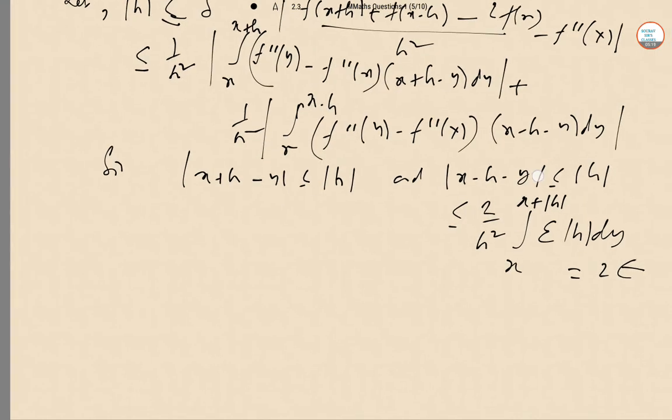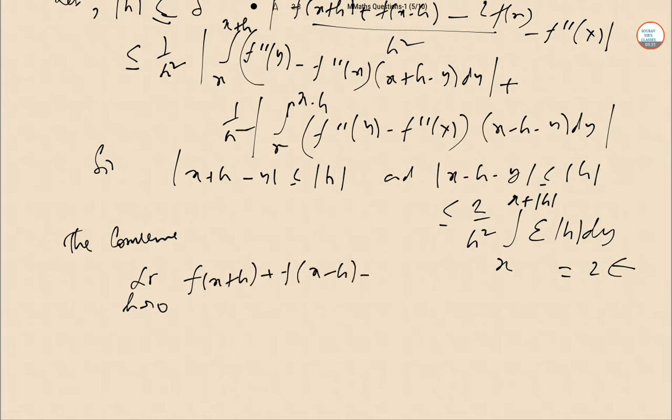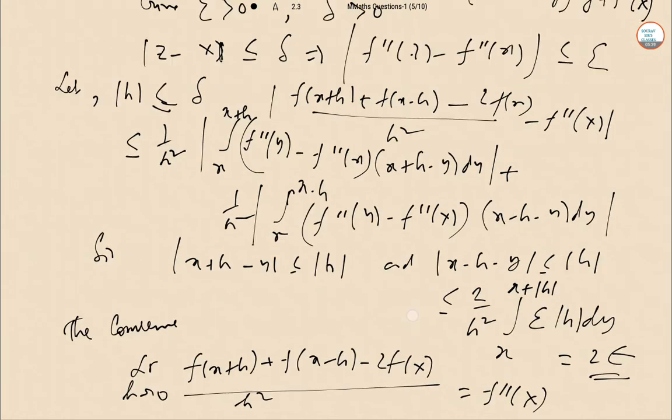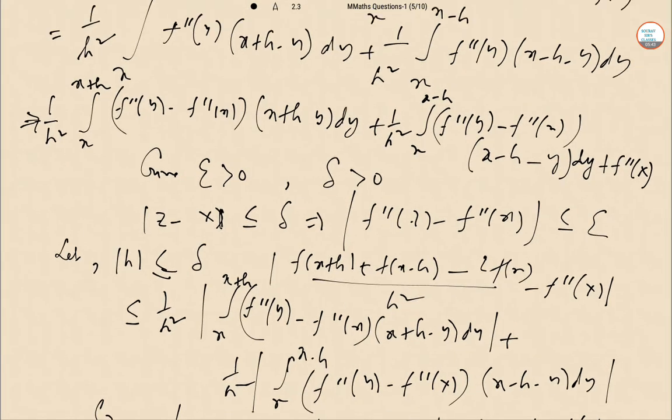So the limit as h tends to 0 of [f(x+h) + f(x-h) - 2f(x)] by h squared is nothing but f''(x). So this is proved.